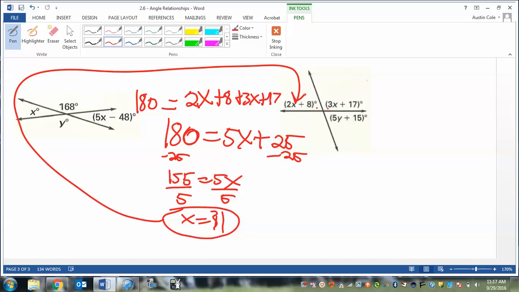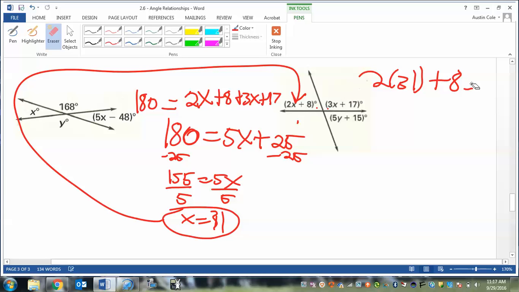So we have x equal to 31. 2 times 31 plus 8 has to equal, I'm not going to have room, so let's just evaluate that first. 2 times 31, we have 62 plus 8, that equals 70 degrees.